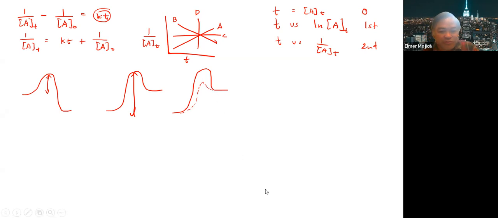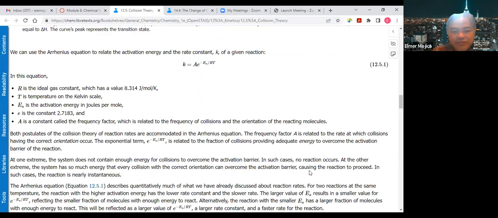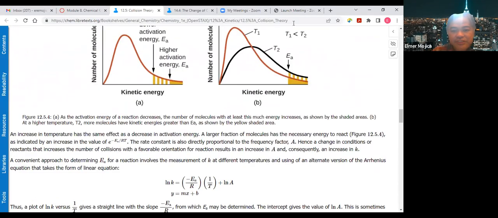Okay? So involved dito sa collision ay yung tinatawag nating Arrhenius equation. So ano ito? Sabi nila, kapag mataas yung temperature, mataas din yung rate constant. So there is a formula that you need to use to help with an example like this. And I think that's one of the problems in the short video that I included. So ito yung ibig sabihin nun.